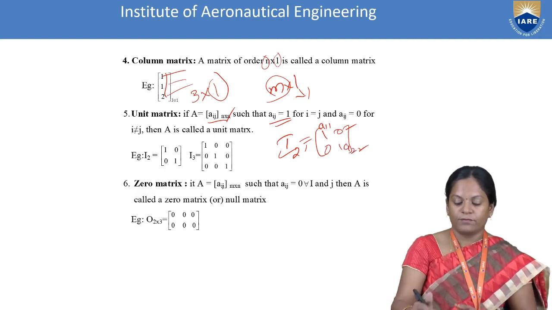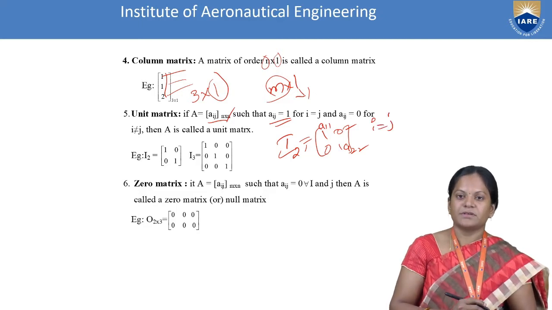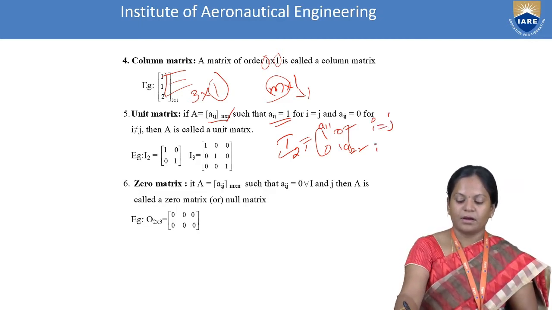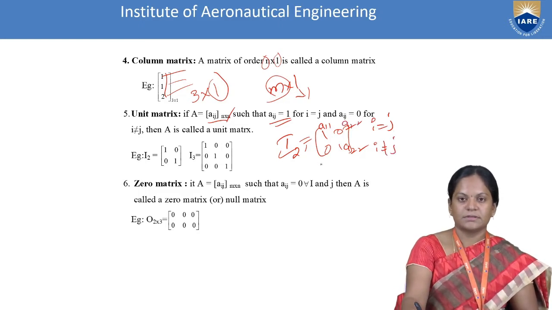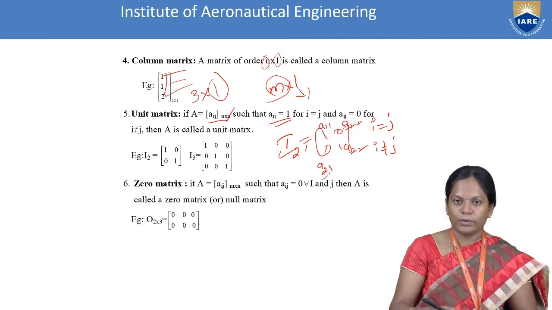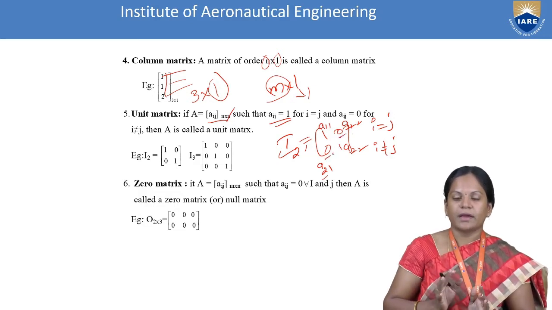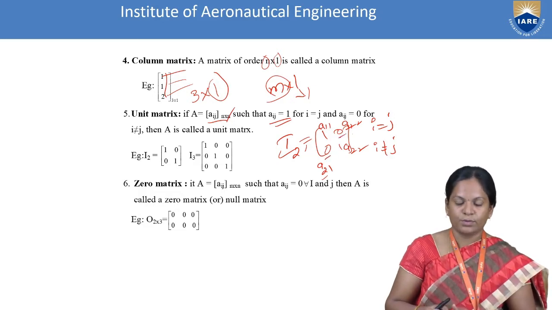Aij is 1 where i is equal to j and Aij is 0 where i is not equal to j. Here we have A12 and this is A21. A12 and A21 both have i not equal to j, so therefore here we have zeros. So in the identity matrix the diagonals are ones and all the remaining entries are zeros.